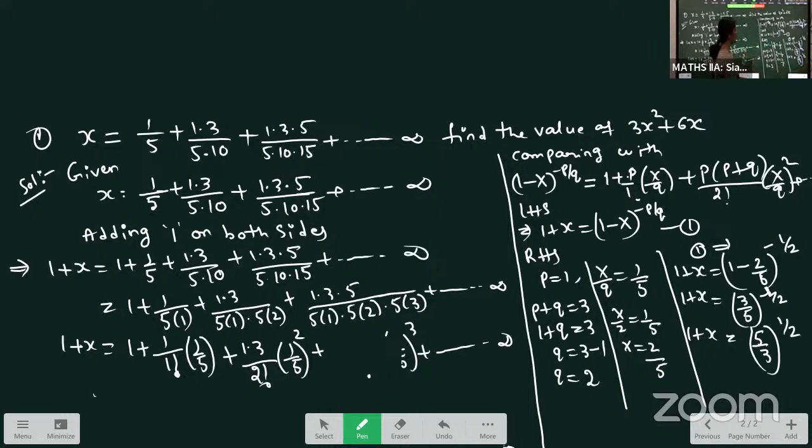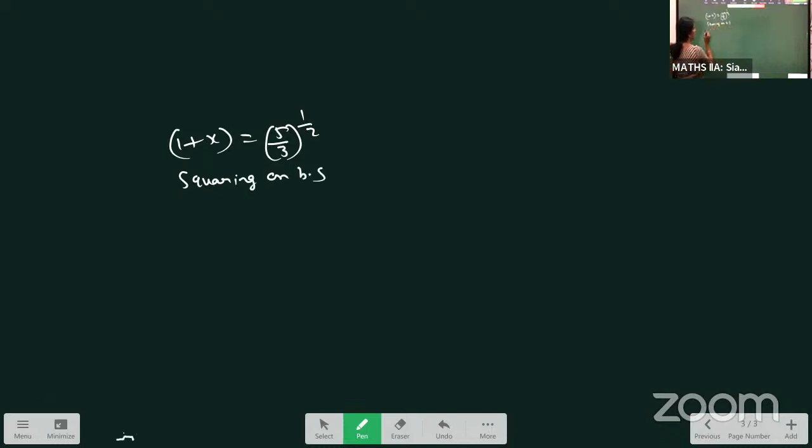To remove the 1 by 2, what do we have to do? We got 1 plus x is equal to 5 by 3 whole to the power 1 by 2. To remove this 1 by 2, square on both sides. Left side, 1 plus x whole square, is equal to right side, 5 by 3. Expand (a plus b) whole square: 1 plus x square plus 2x is equal to 5 by 3.